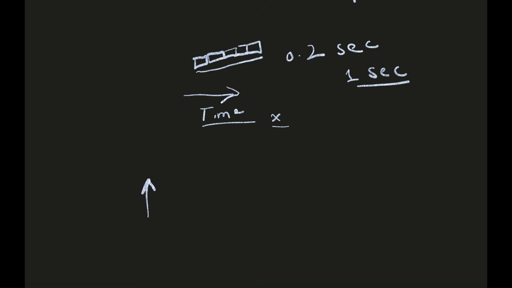Similarly, if we move along the vertical axis and start stacking up the small squares in a vertical fashion, one smallest square is equal to 0.1 millivolt or 1 mm.